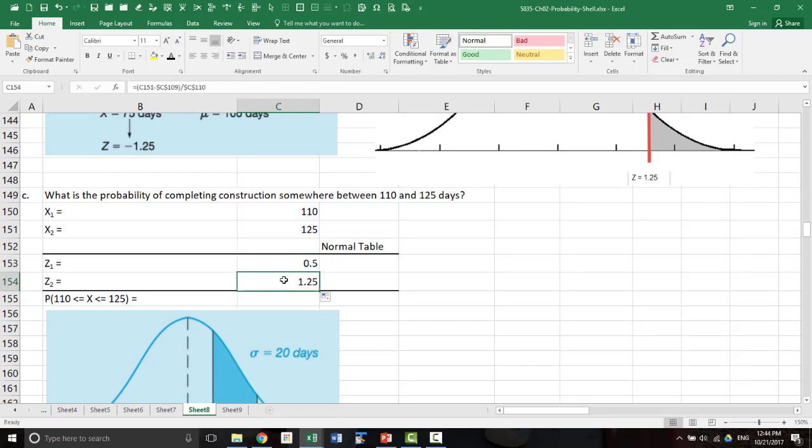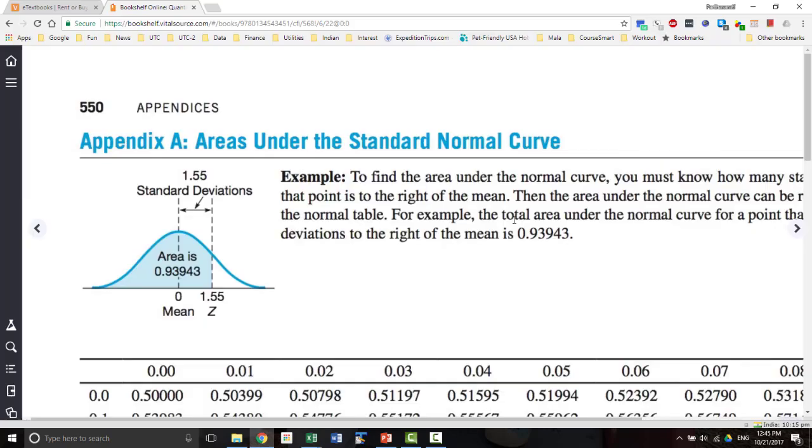So now we have the two z values. Z sub 1 corresponding with 110 is 0.5, and corresponding with 125 is 1.25.